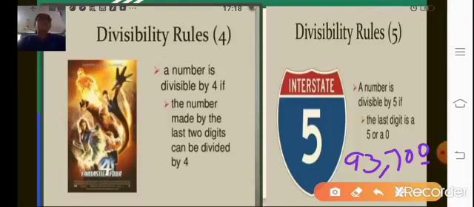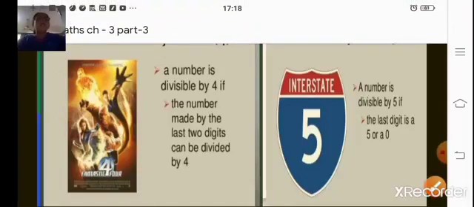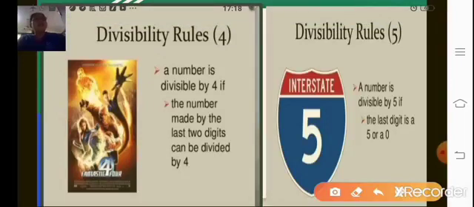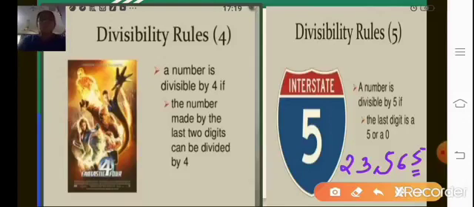That means the number is divisible by 5. Again, if I write a number as 23,565, here the digit in the ones place, or units place, is 5. That means this number is divisible by 5.